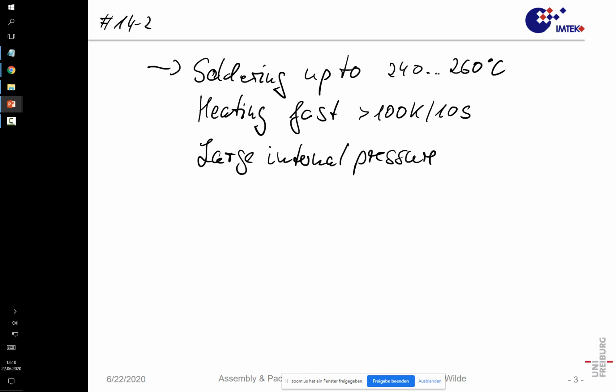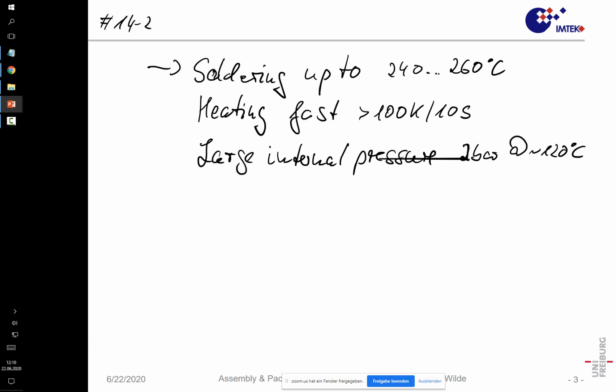For instance, already 2 bar at roughly 120 degrees centigrade, but we go even higher, so the pressure will be significantly higher in that case.